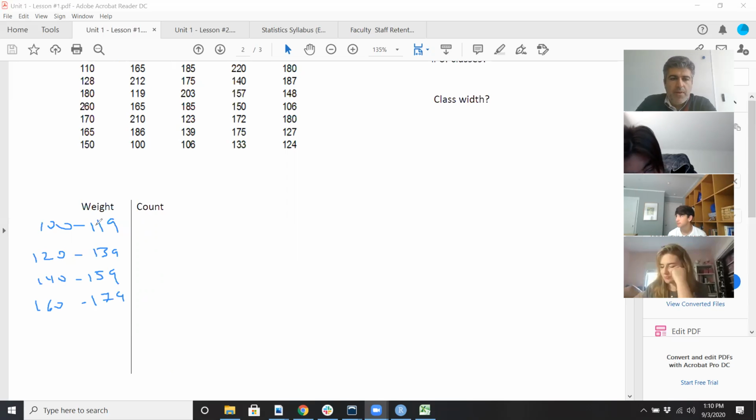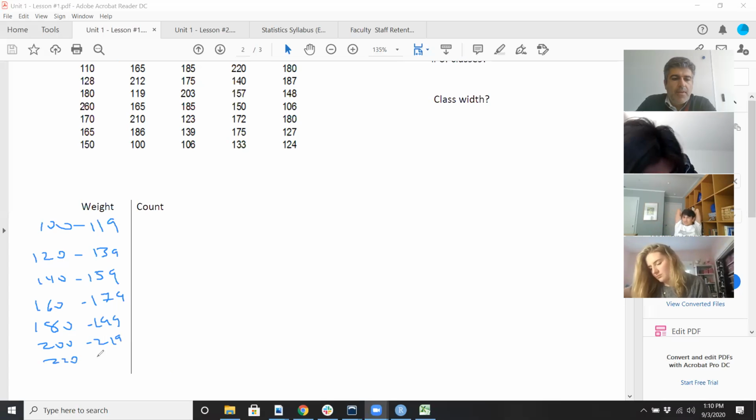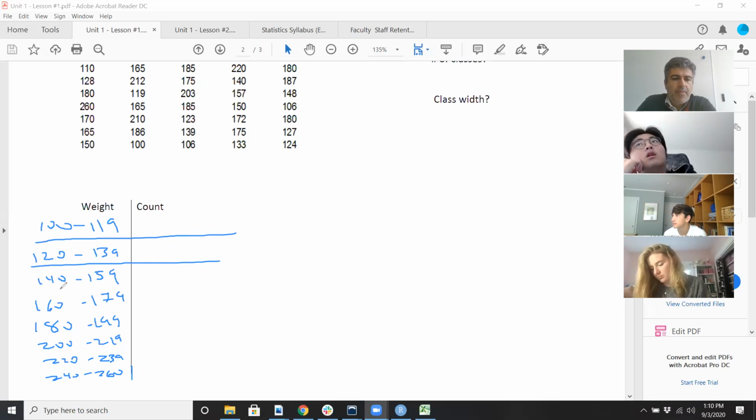I don't want to do 100 to 120 and 120 to 140, because then what do you do about someone who's 120 pounds? So I'm just trying to be a little more discrete here. 180 to 199, 200 to 219, 220 to 239, and we'll say 240 to 260. So I create 8 categories.